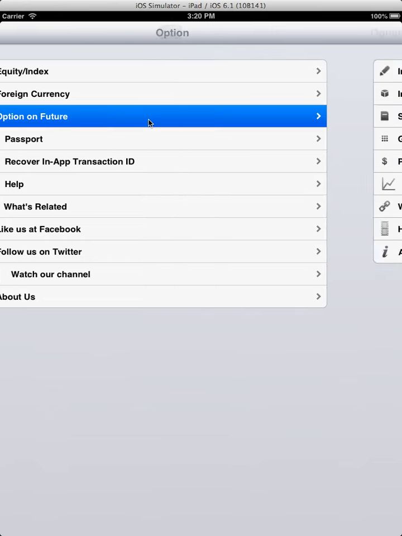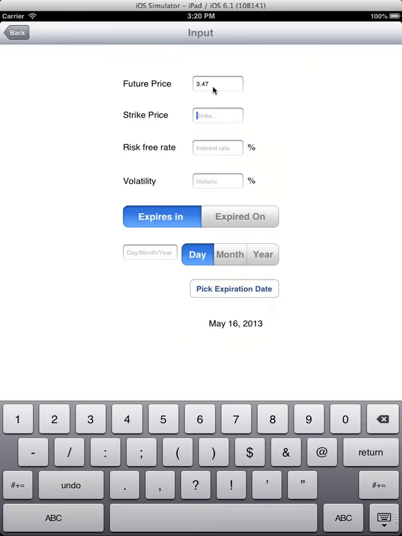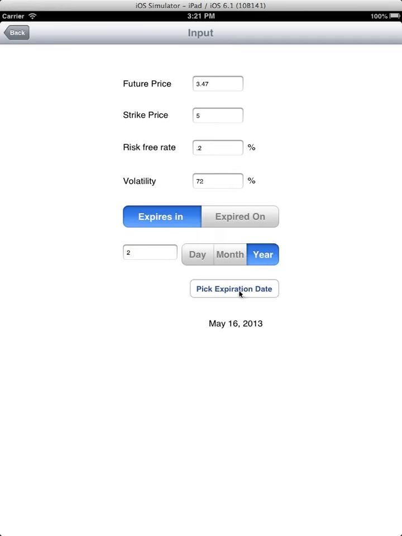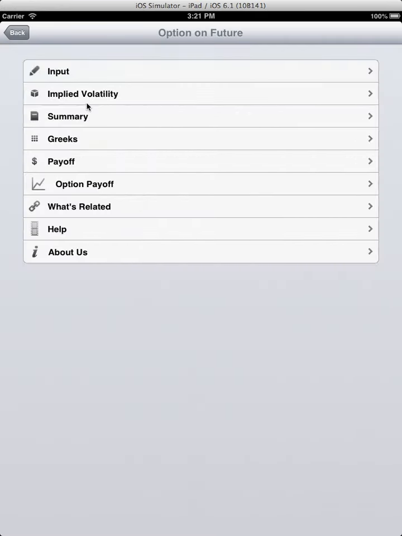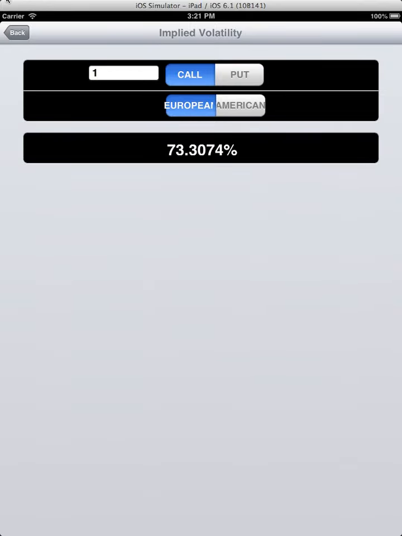And the option on future input, say 3.47, strike price is 5, expiry rate and the volatility, say expires in 2 years from now. Then we see the implied volatility if it is $1. So this is what it is.